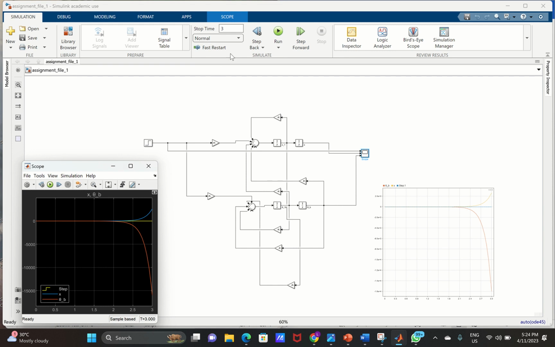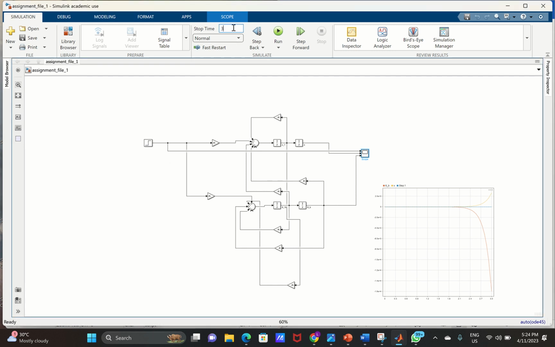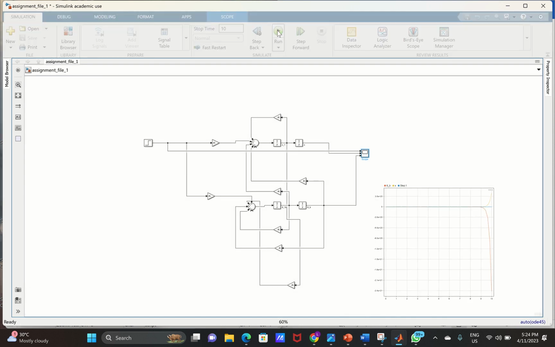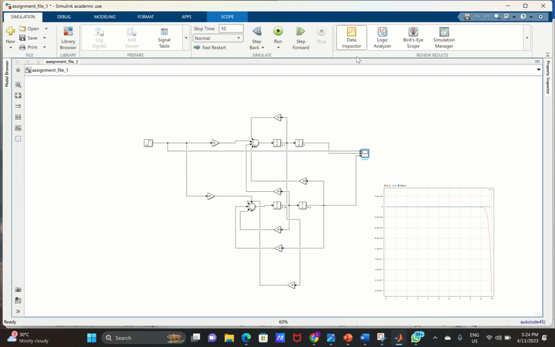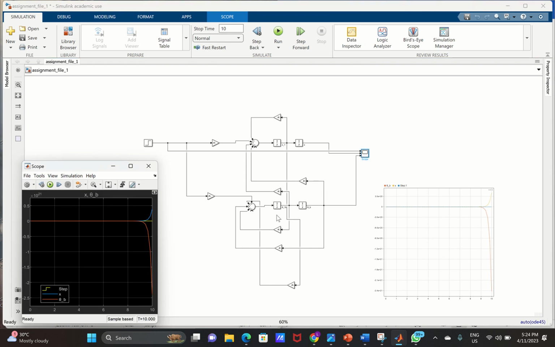If we change the time to 10 and run the system again, you can clearly see there is no change in the shape of the graphs, meaning that for whatever time we put, the system is going to remain unstable, because the two curves for theta B and X only converge close towards the end time we've put as our stop time.